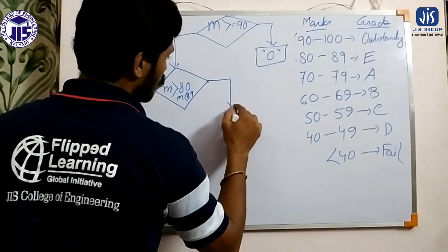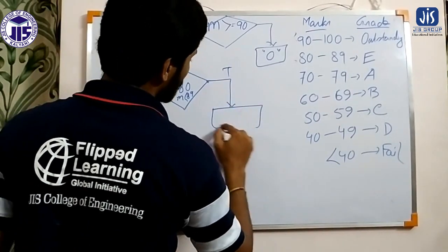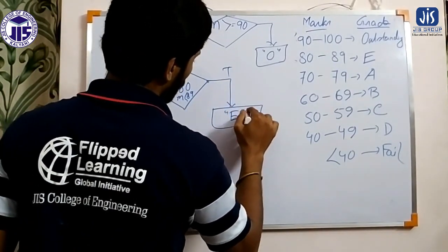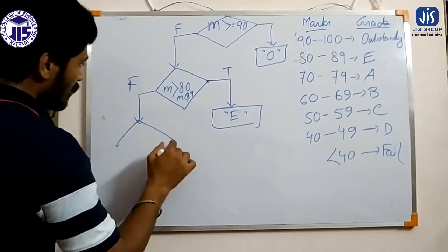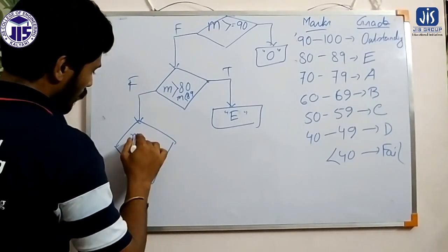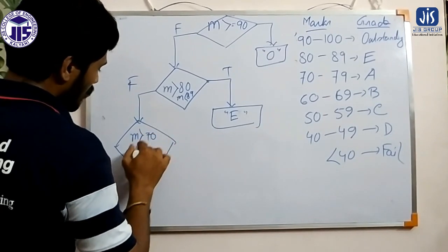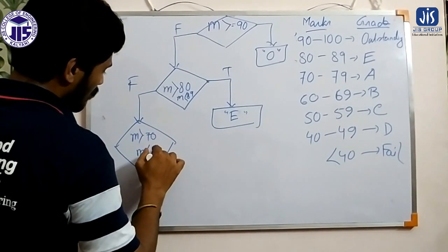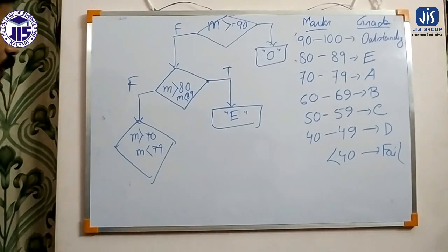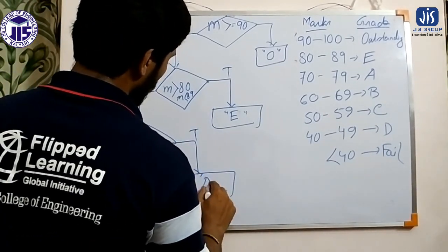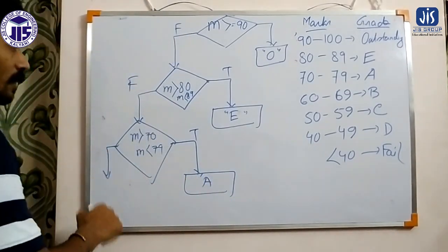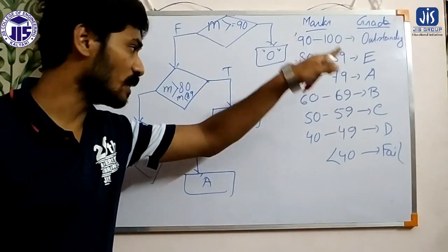If it is true, then we can say the grade is excellent. And if it is false, then we will go for the marks greater than 70 and less than 79 or not. If it is true, then the grade will be A, and if it is false, then we will go for the next range, 60 to 69. Same way it will continue.